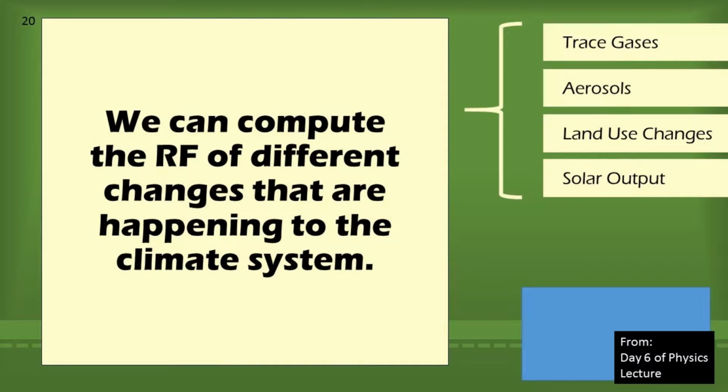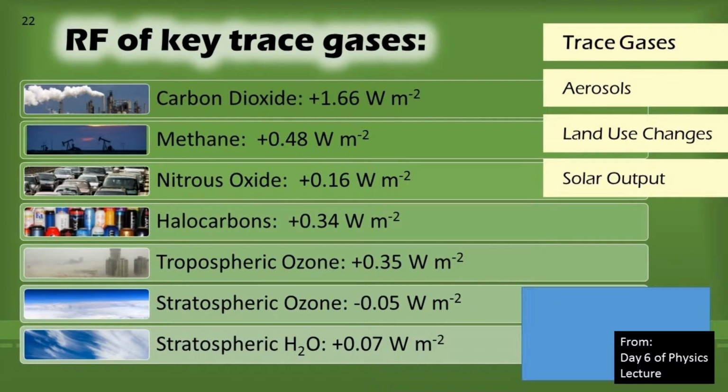And we could talk about the radiative forcing of all these different factors in the climate system, stuff like trace gases, aerosols, land use, solar output, etc. In fact, we went through on one day of the lecture and spent like 15 minutes talking about all these different pollutants and their radiative forcings like carbon dioxide, methane, nitrous oxide, halocarbons, tropospheric ozone, stratospheric ozone, and stratospheric water vapor.